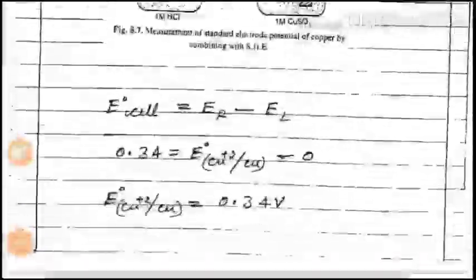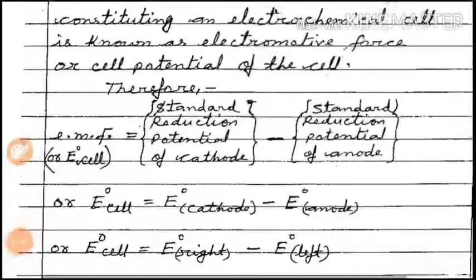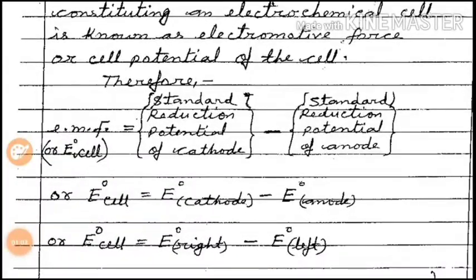If you remember, then I can show you. This is the formula. E naught cell is equal to E naught cathode minus E naught anode. E naught cell is equal to E naught right minus E naught left.